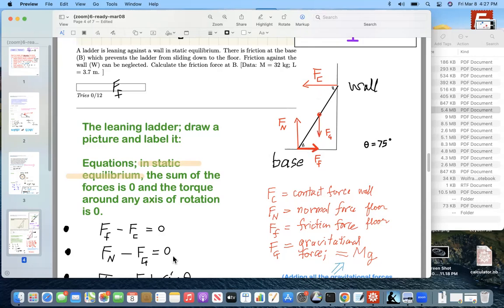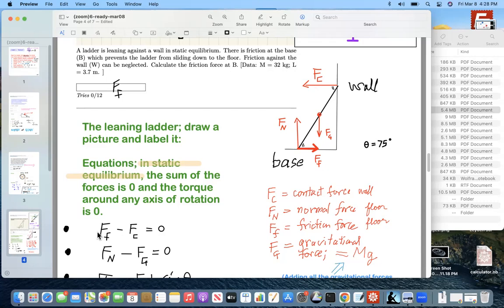For static equilibrium, the sum of the forces is equal to 0. Now, these are all vectors. So I can, first of all, take the horizontal vectors. F sub f to the right plus F sub c to the left must be 0.